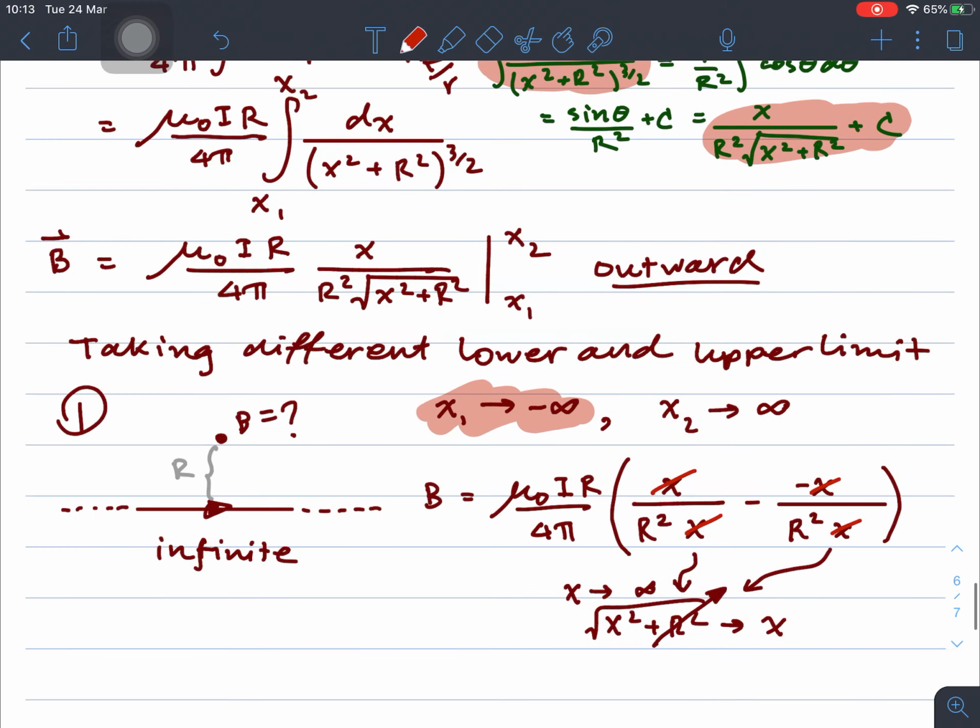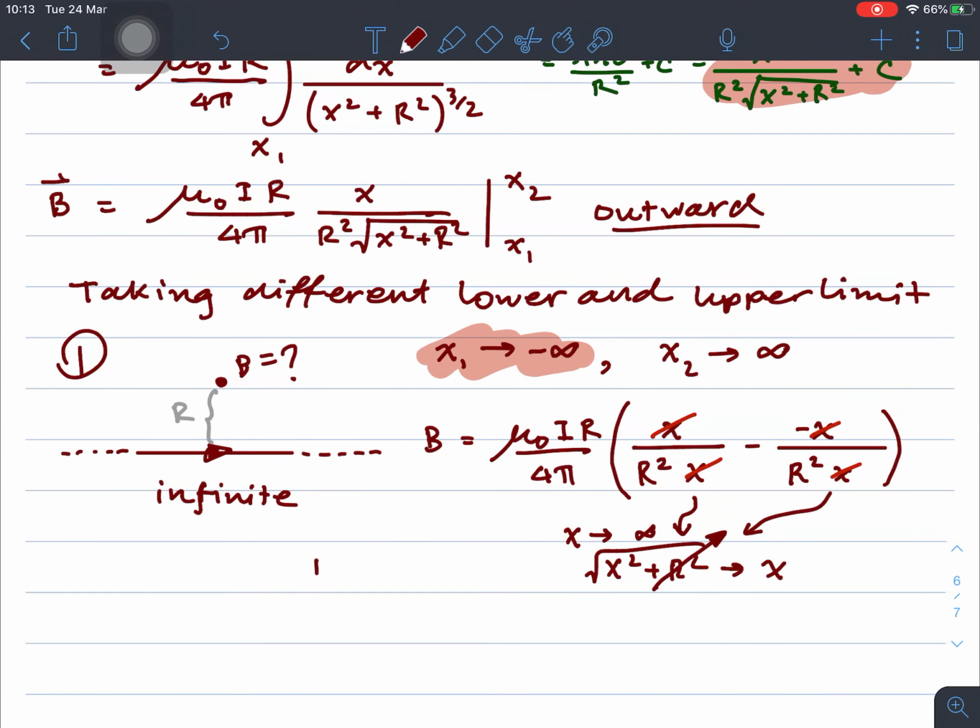So in your parenthesis term, I'm going to have this constant times 2, because this is 1 and then minus 1, so you have 2, divided by r squared.